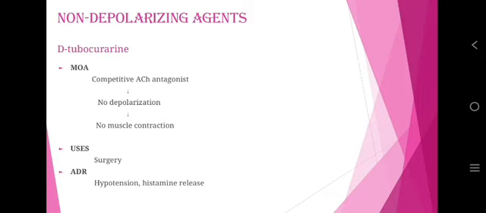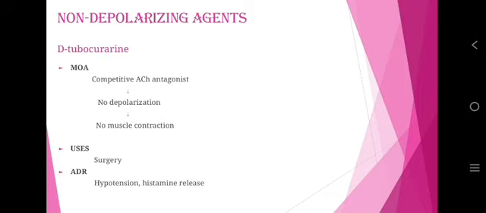Non-depolarizing agent. D-tubocurarine is the main drug used as a non-depolarizing agent. Mechanism of action of D-tubocurarine: first of all, this D-tubocurarine competes with acetylcholine as an antagonist. This action leads to no depolarization, and this leads to no muscle contraction, and this no muscle contraction leads to skeletal muscle relaxation.